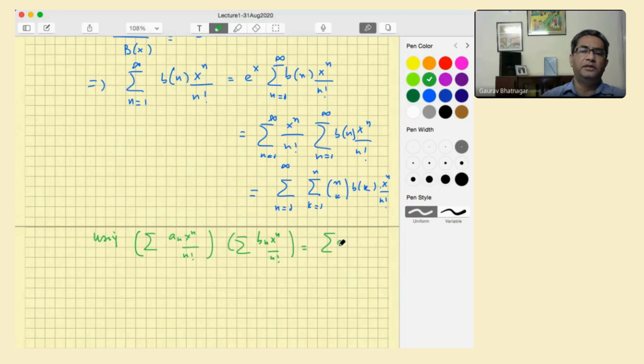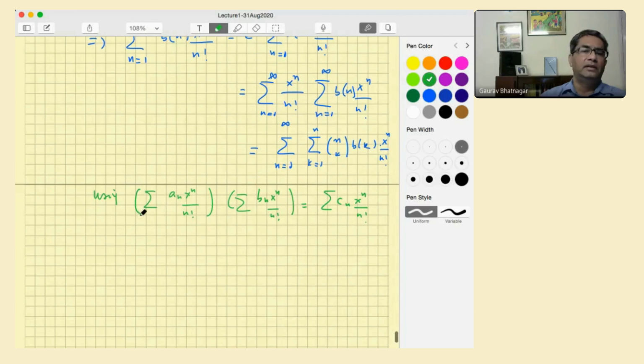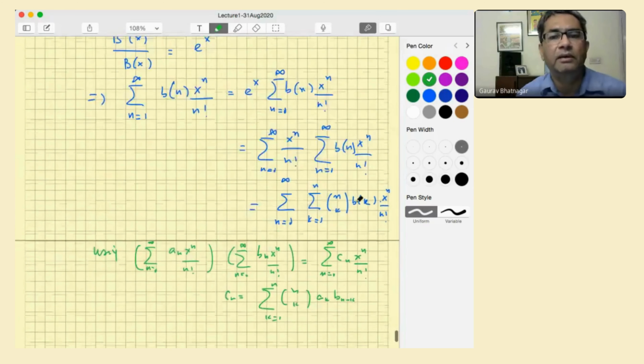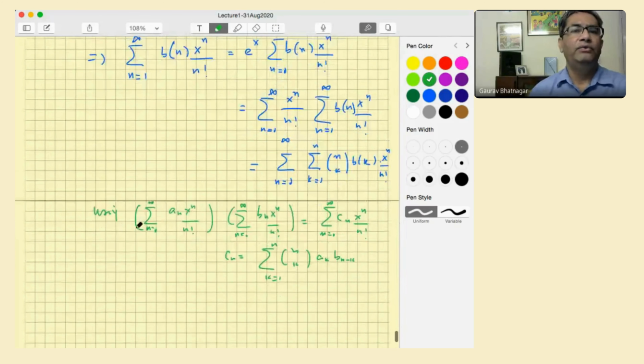This is n going from 0 to infinity, and cn was summation n choose k, ak b(n minus k). So these are our Cauchy products in this term.